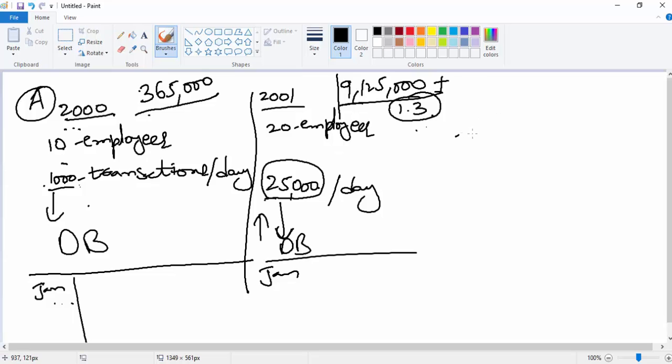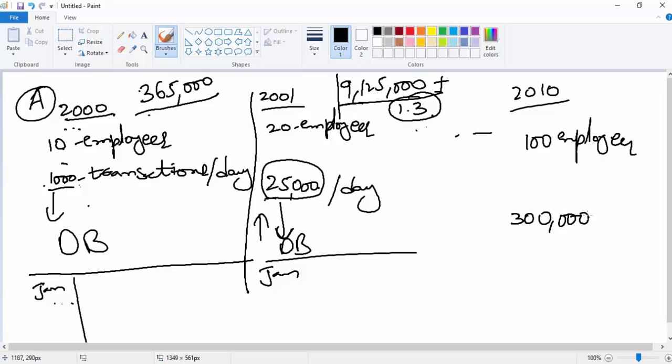In the same way, as years pass, let's take 2010, the company might have 100 employees and around 300,000 transactions per day, because the company size keeps increasing.